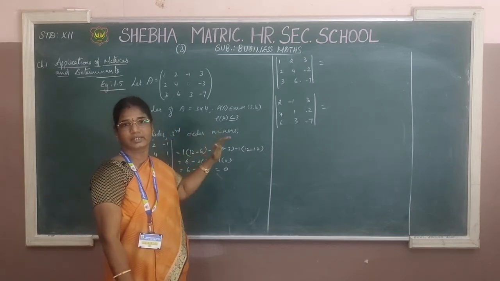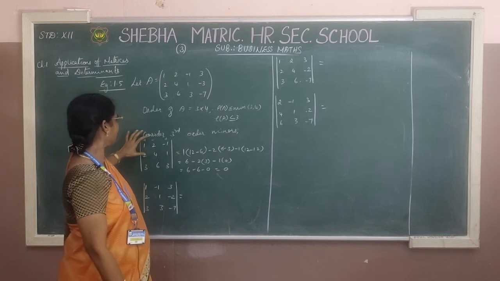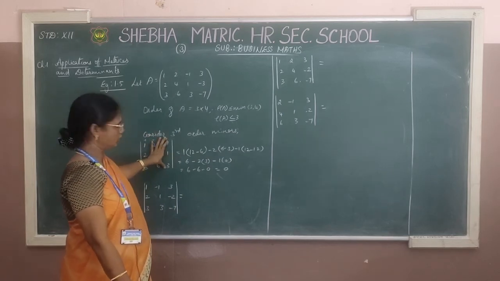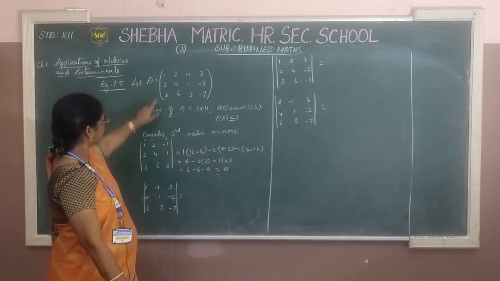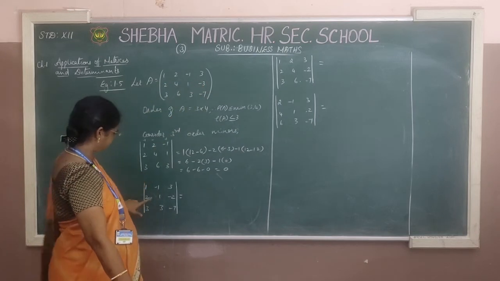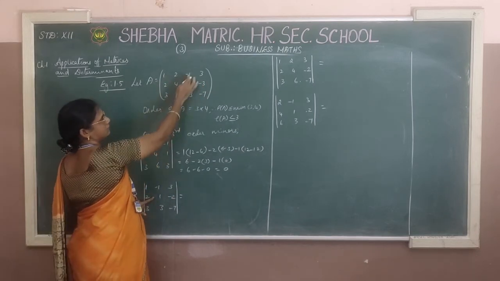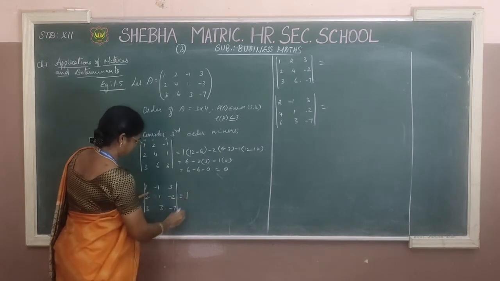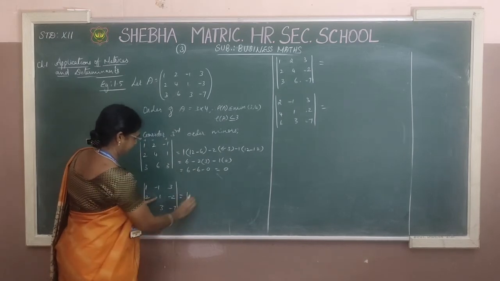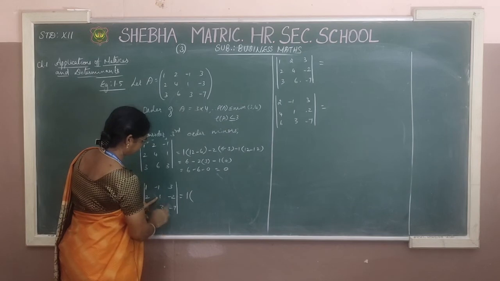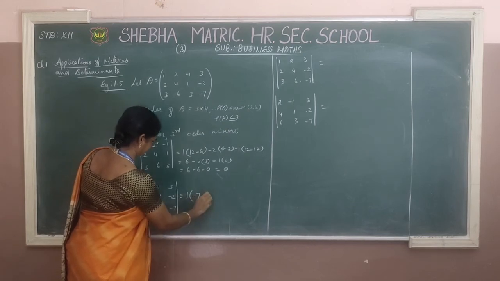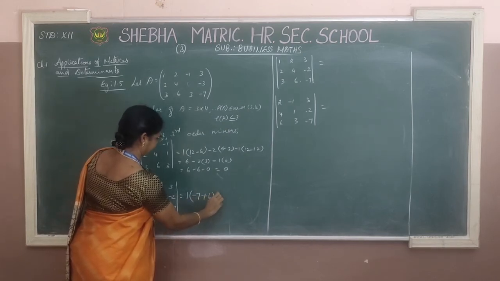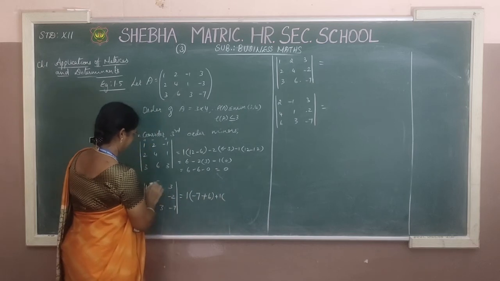We get 0, which means next we can check all the possible third order minors. We check first, second, third columns, and next check first, third, fourth columns. Okay, first write first column, third column and fourth column. Again define the value: minus 7, minus into minus plus 6 and minus into minus plus 1, isn't it? Here minus plus minus.